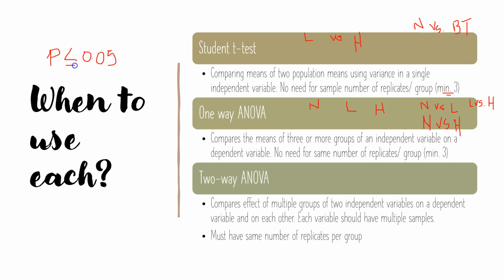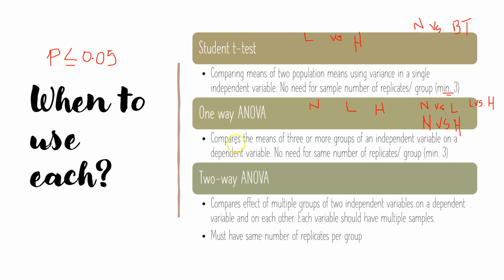So less than or equal to 0.05. This essentially equates to 5% false discovery rate. So we have 95% chance that the answer we got, the difference we saw, was real, and only 5% chance that it was a false positive.